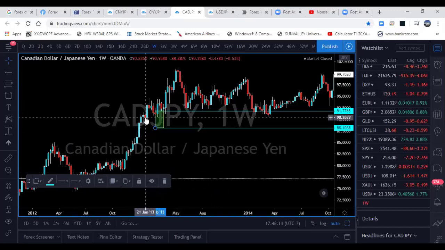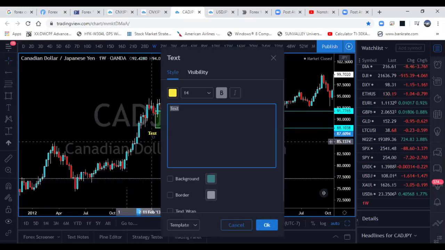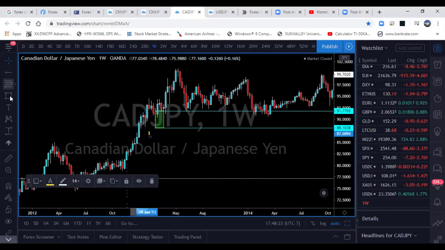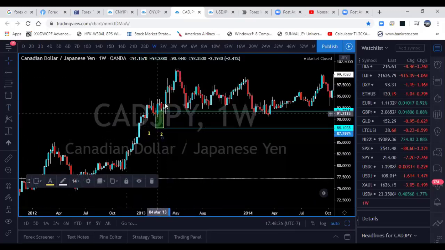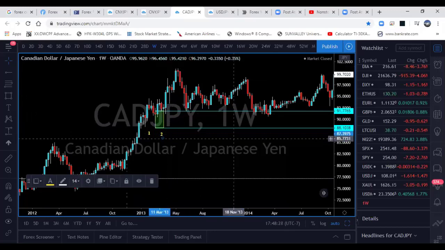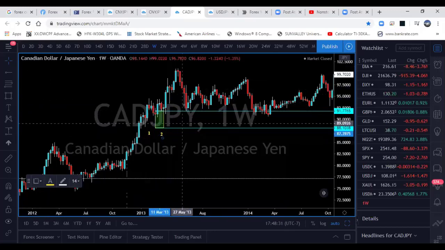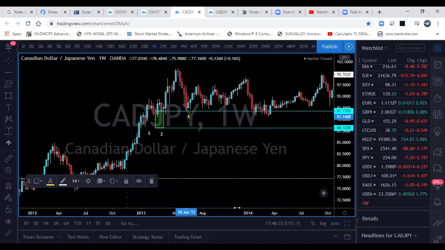It's the zone itself, right? So the zone itself would be move number 1. Next to it, when it passes it out and it starts to bounce out of the zone, is move number 2. If it comes back and touches it again, that will be move or basketball number 3.